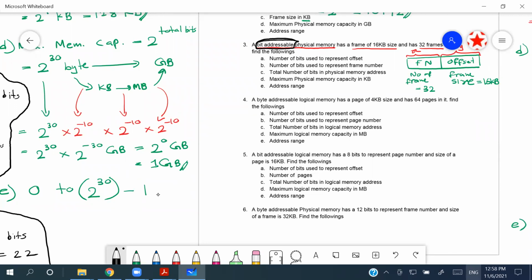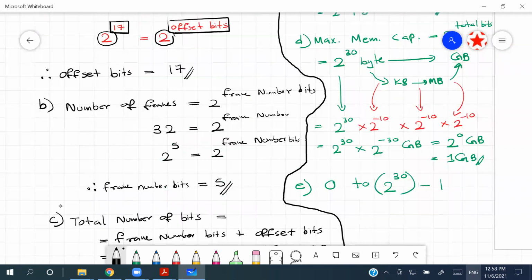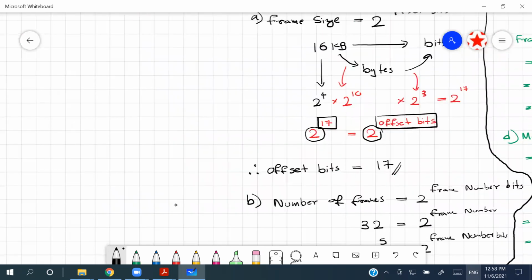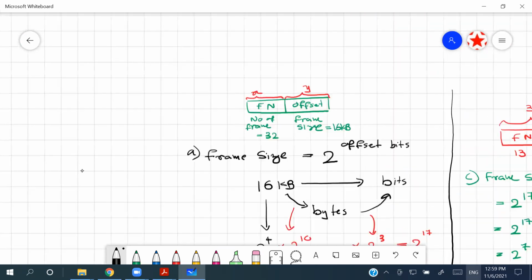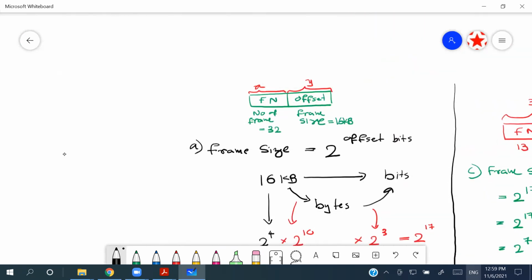The only difference is that in the third question they were talking about physical memory. Here they are talking about logical memory, and it is byte addressable. So when I'm doing the calculation, I can use the same sketch.